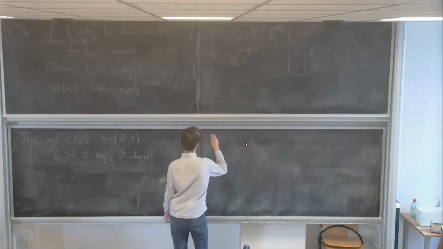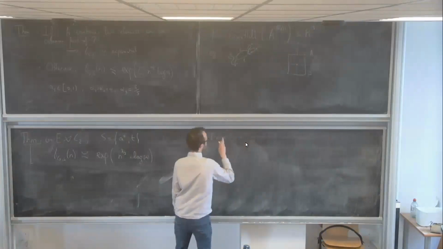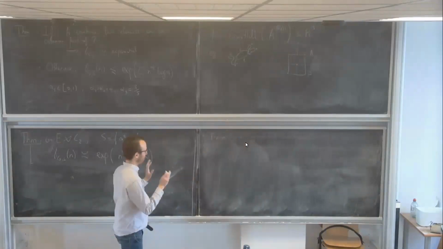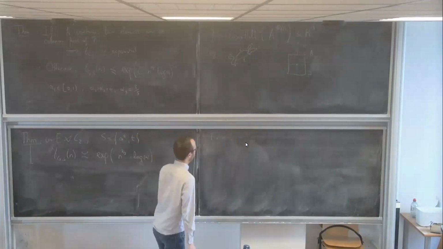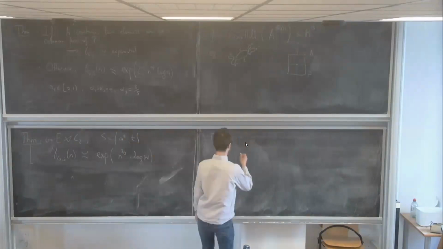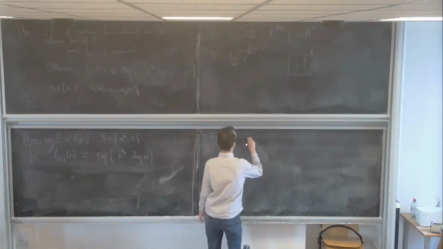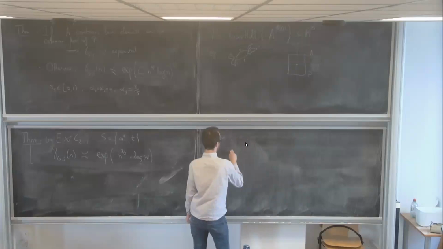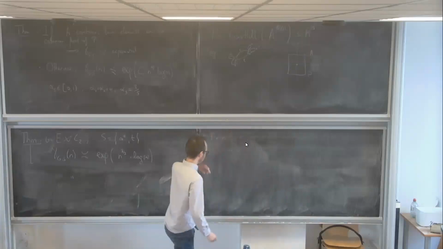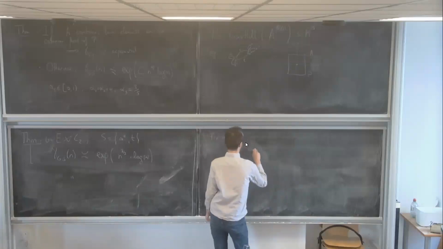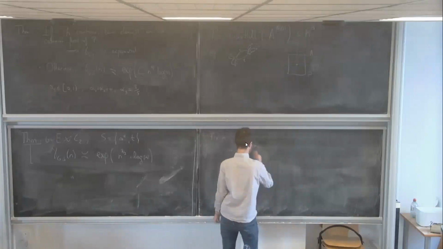So I'm just going to give you them quickly. You fix some n, and you want to have a lot of geodesics of length n. And so the geodesic I'm going to give you has this shape. There's some block of A1, right?